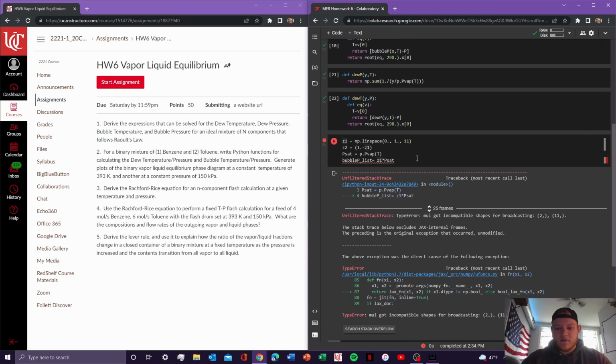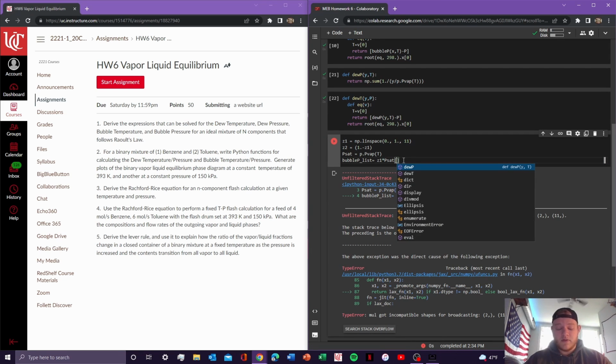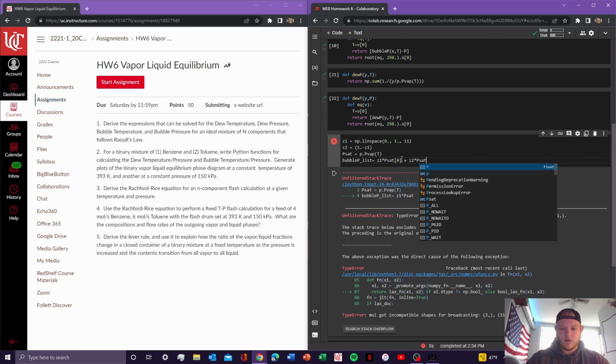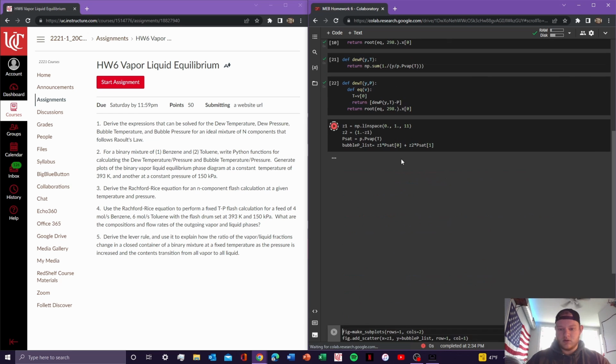Alright, so I figured it out after a little deliberation here. When I called the vapor pressure, I needed to specify which product I was talking about, so we need to do that. By saying P sat of 0, that's saying the vapor pressure of benzene. So for this one I need to do toluene mole fraction times vapor pressure of toluene, and that should work.